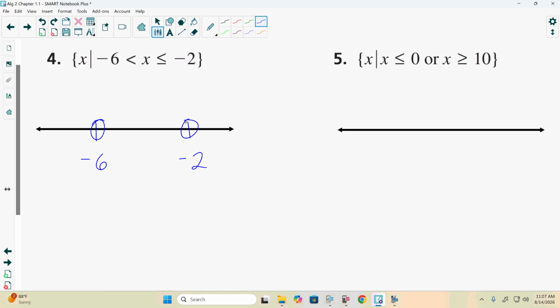Is either one of these included? -2 is included, so we need to fill it in. As long as we see that it is filled in, that's good. You don't have to shade it all the way in unless you want to. Now, because it is bounded, it means we have to shade in the middle.